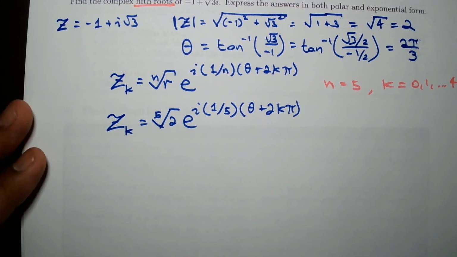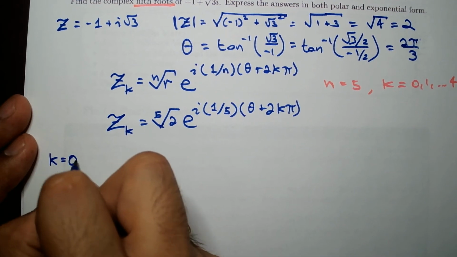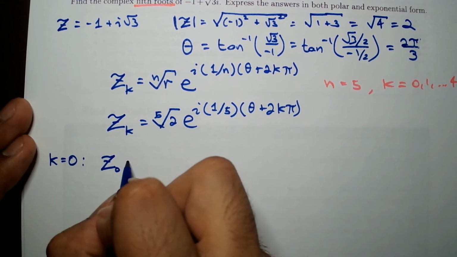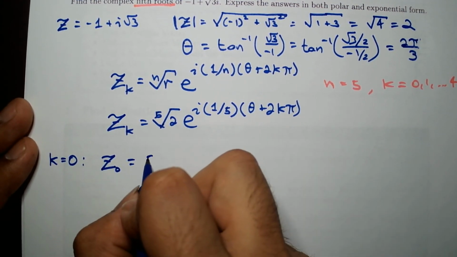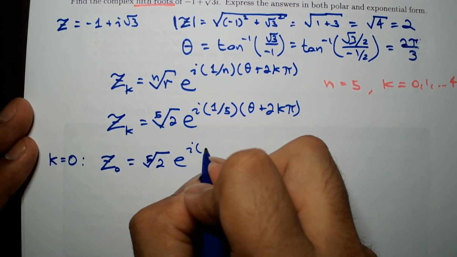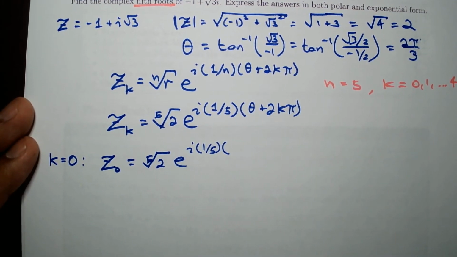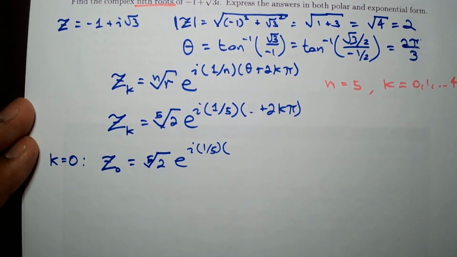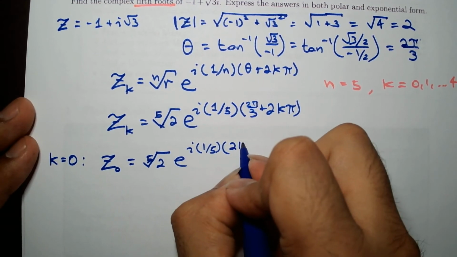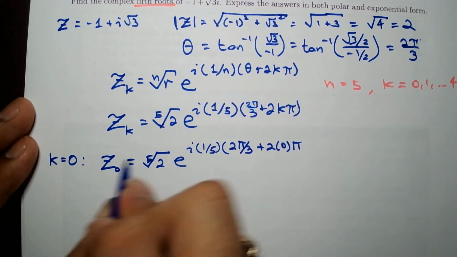So first, for k equals 0, that's z subscript 0. That's the fifth root of 2, e to the i times 1/5 times the angle. Actually, I should have written the angle instead of just theta. That's 2 pi over 3, plus 2 times 0 times pi, because k is 0.